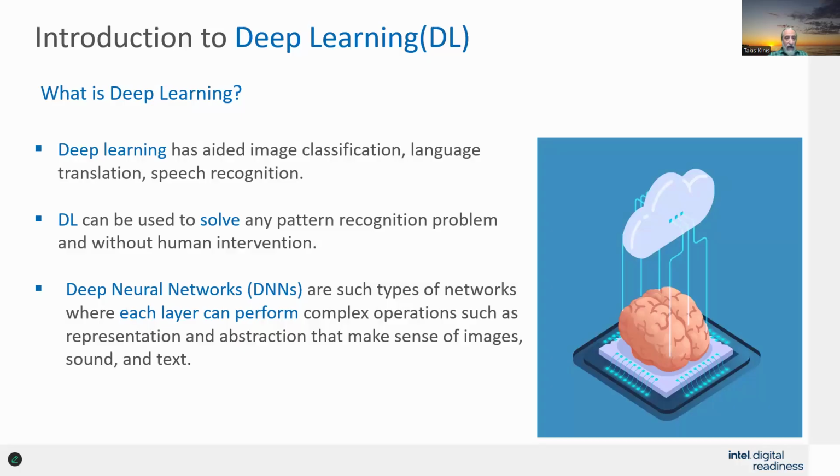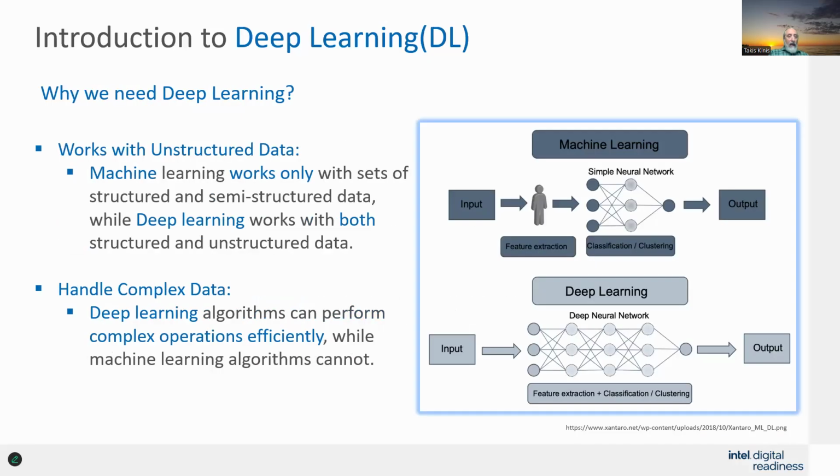Now it says deep neural networks, the DNNs, right? So there is an acronym for it. Each layer can perform complex operations such as representation and abstraction that make sense of images, sound, and text. So each layer can be very complicated, much more complicated than in machine learning, right? One real big advantage of this, it works with unstructured data, right?